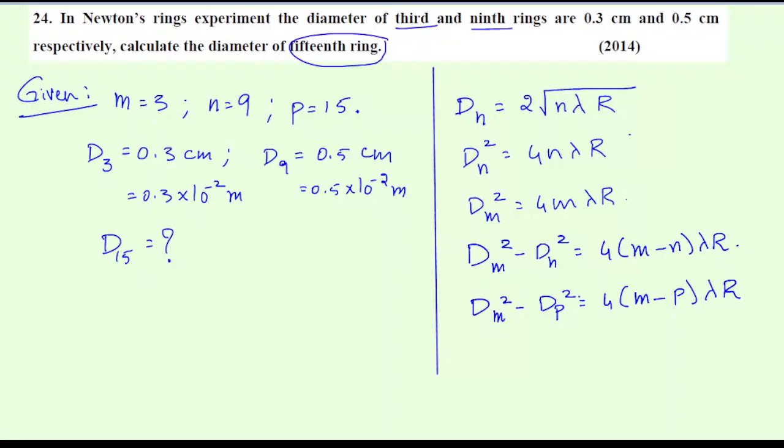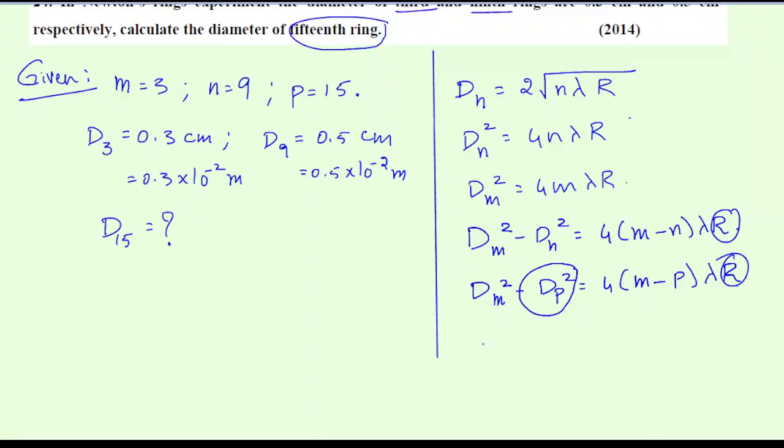Now, to go ahead, we need to find out what is Dp square, that is D15 square. We can get rid of these R values, right? So let's divide these two things.